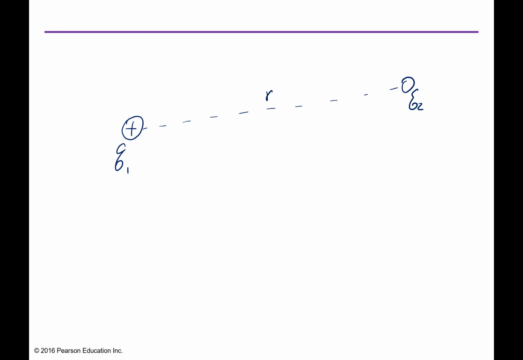That force is either going to be attractive or repulsive, depending on the charge of Q2. So if Q2 is positive, then it's going to be repulsive, so it's going to be pushed to the right. If Q2 is negative, then there's going to be an attractive force toward Q1. So that's basically the electric force.